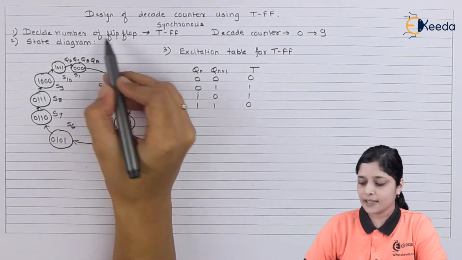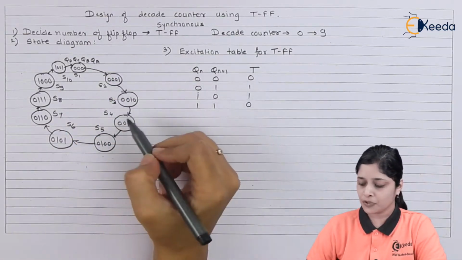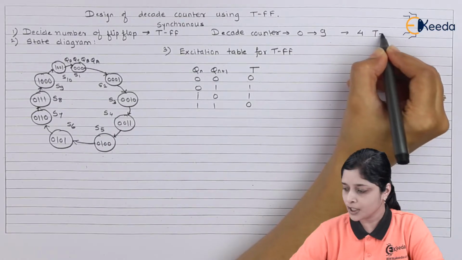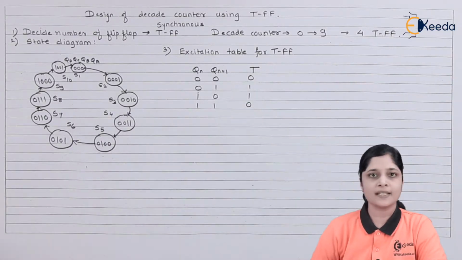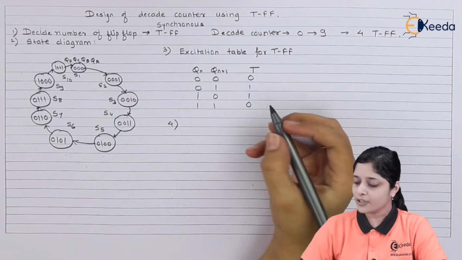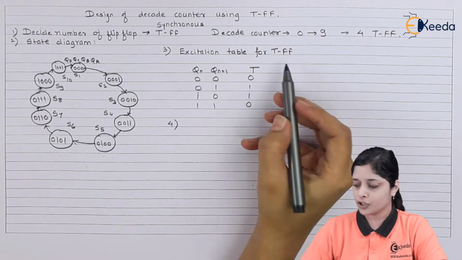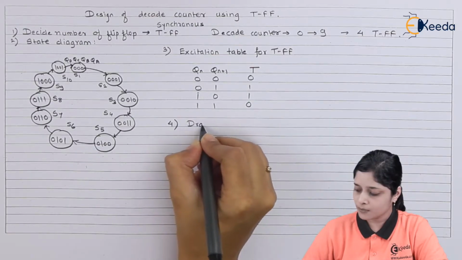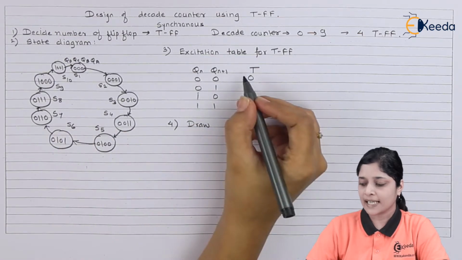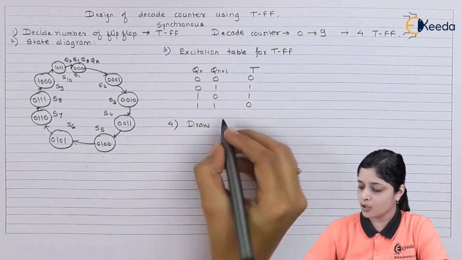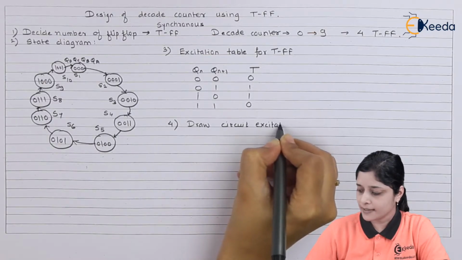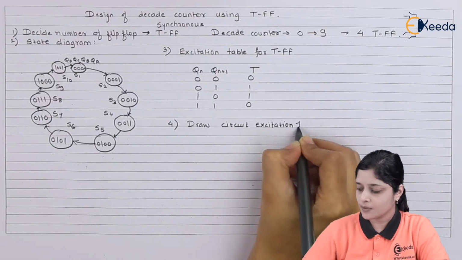Now decide the number of flip-flops. So if you see that state diagram, we will use here 4 T flip-flops to design the decade counter. Now after drawing the excitation table for the T flip-flop, the next step is to draw the circuit excitation table.